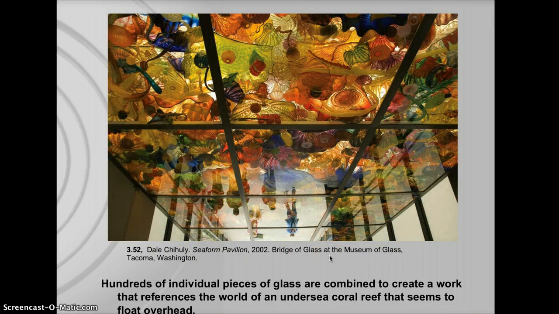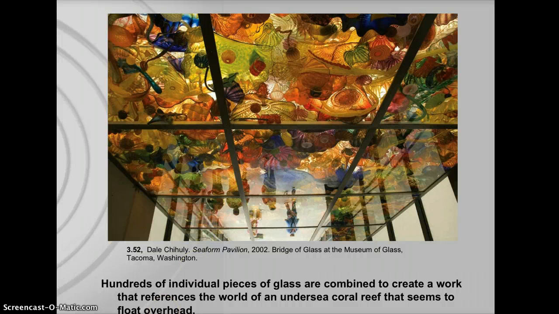Installations, when we think about space and three-dimensional objects, is when artists will take several different media, not just sculpture, but take a space and transform it into a work of art. That work of art might have paintings and sculpture. It's definitely a combination of different media. It's not necessarily just one thing.